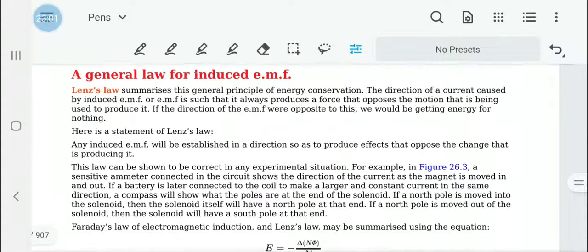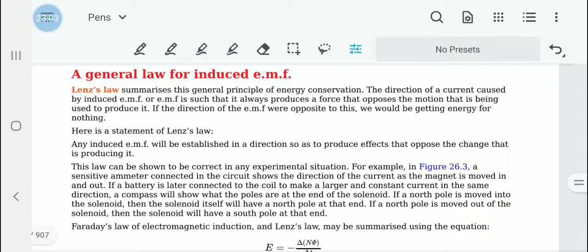Now we are going to go into the general law for induced EMF. So we say that Lenz's law summarizes the general principle of energy conservation that we discussed. That means the energy is conserved because only the work that is being done is turned into electrical energy. It does not create energy out of nothing.